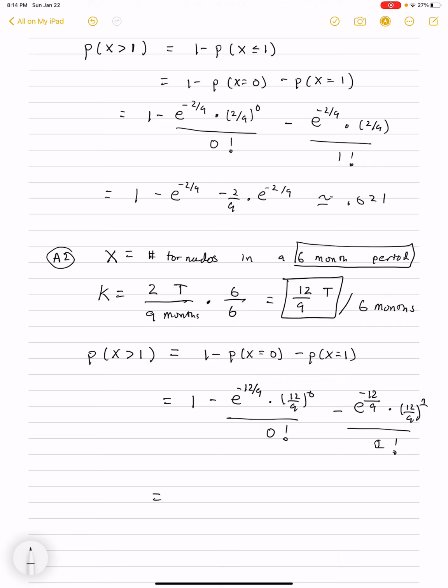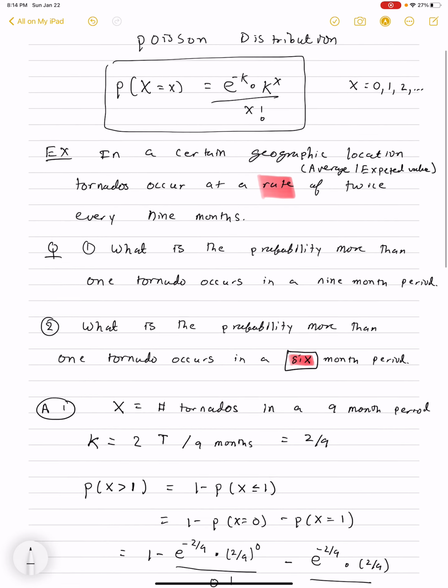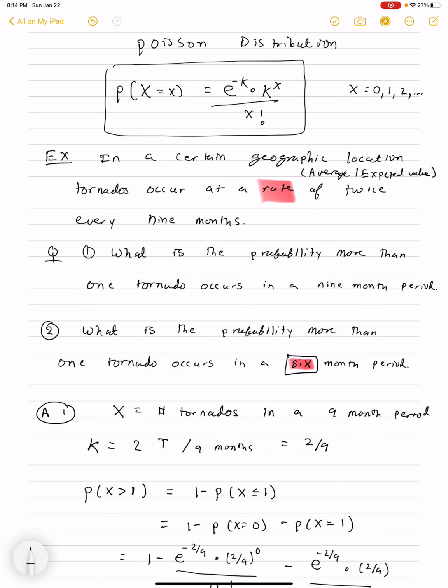Okay. So this is just a little example of using the Poisson distribution, and a couple key takeaways is, first, not only this formula in the box, but also identifying k. One of the key characteristics of a Poisson distribution is that the parameter k needs to be given in the problem, needs to be a rate or an average or expressed in a synonymous term.